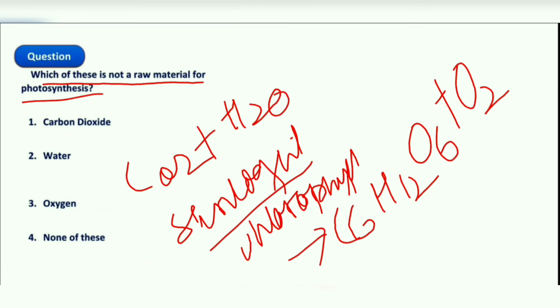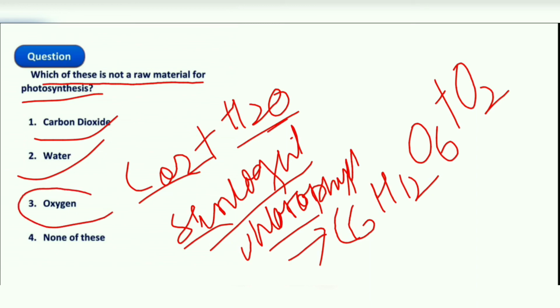So carbon dioxide, water, sunlight and chlorophyll are required as raw materials. Oxygen is obviously not a raw material, so the answer is oxygen.